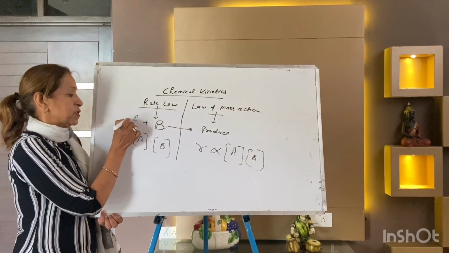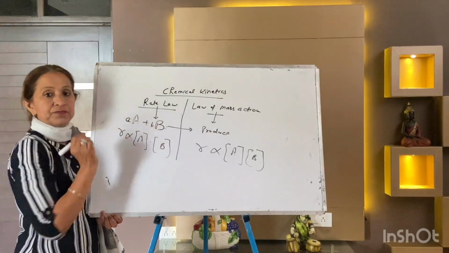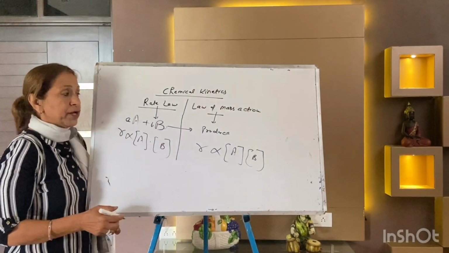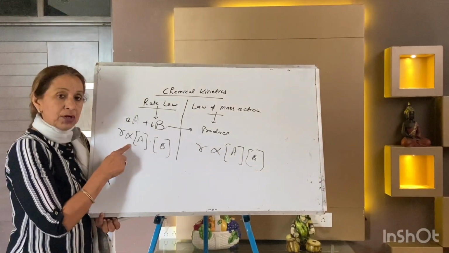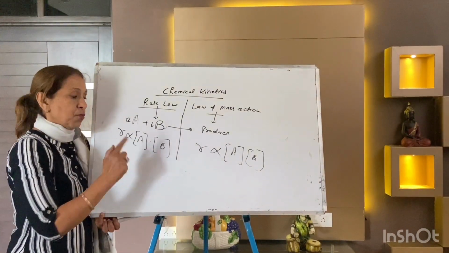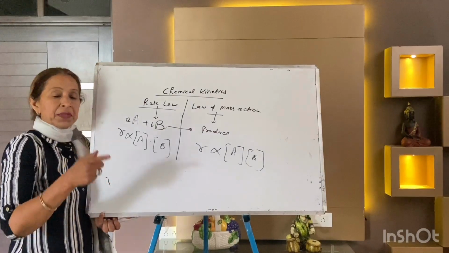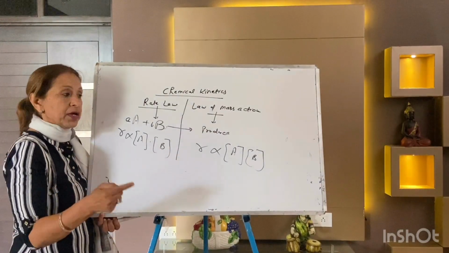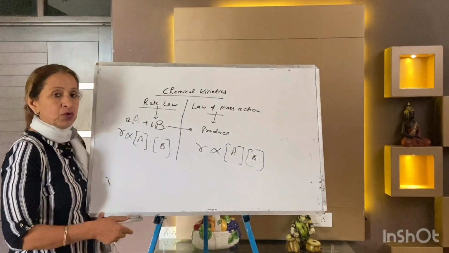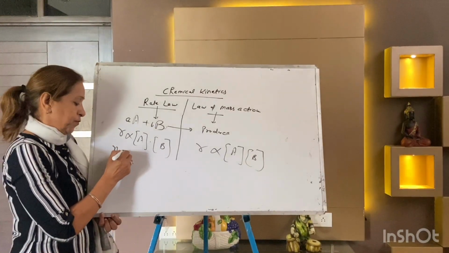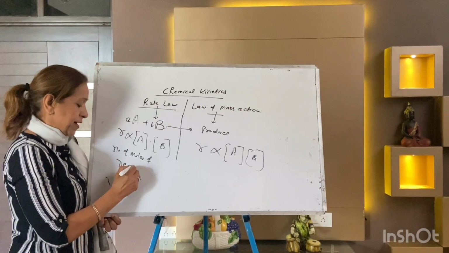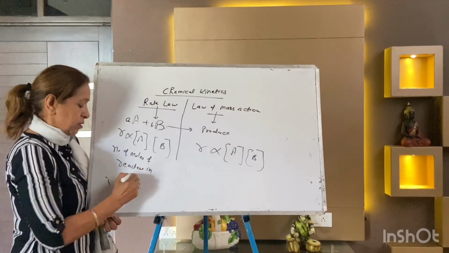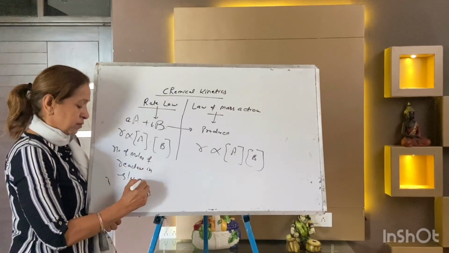Now according to rate law, the rate of the reaction is directly proportional to the product of the molar concentration of the reactants, with each concentration term raised to a power equal to the number of moles of reactant in the slowest equation.